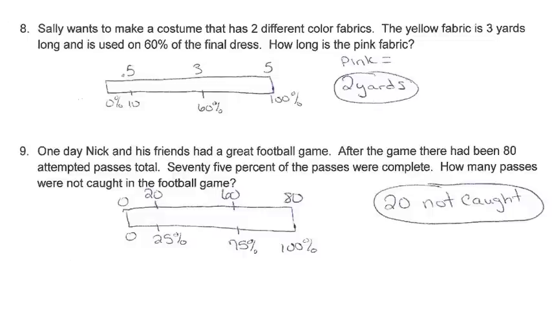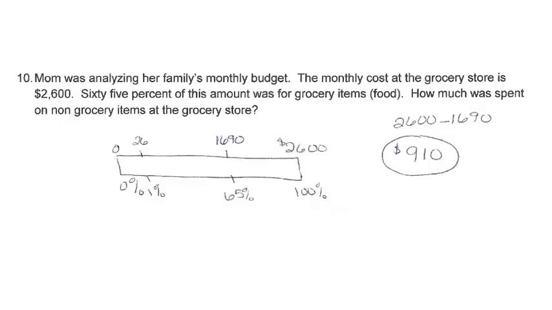Number 9, the answer is 20 not caught. And number 10, $910. You had to find out how much was spent on non-grocery items at the grocery store. So here you had to subtract 2,600 minus 1,690, which gives you $910.